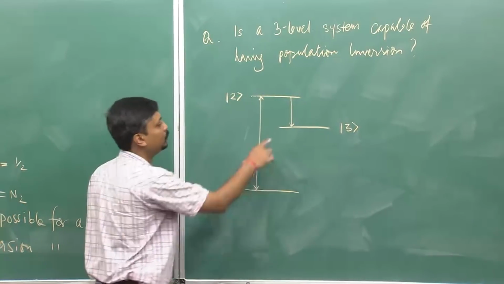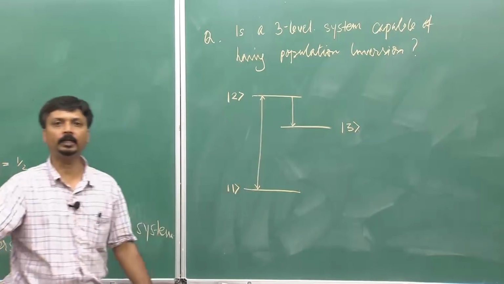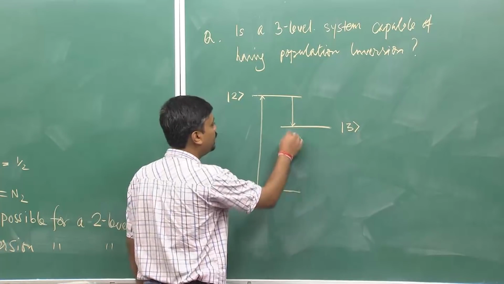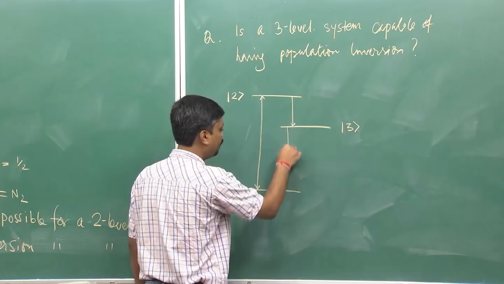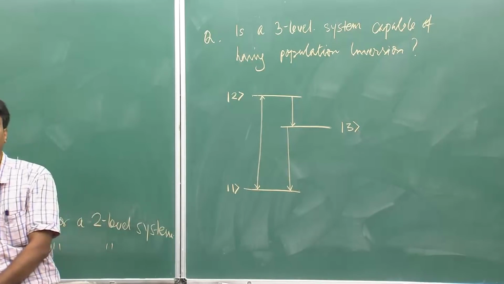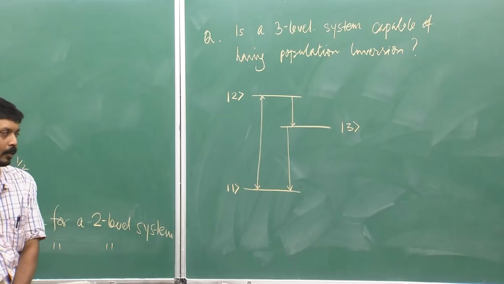So, this single headed arrow means there is a spontaneous emission, okay. And from here I can have spontaneous emission, I can have stimulated emission.